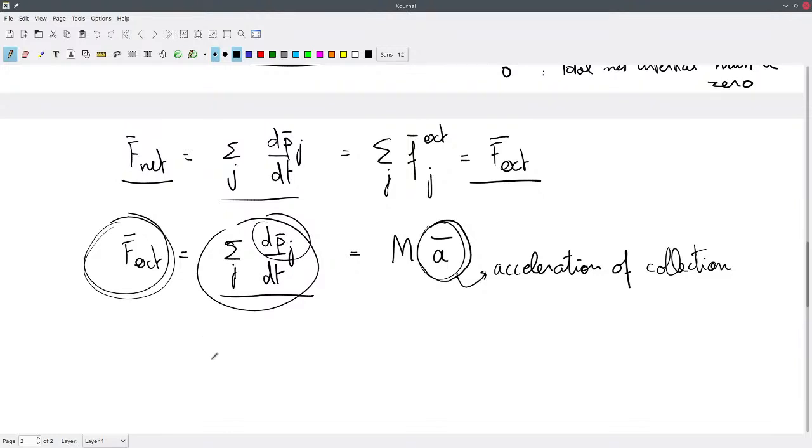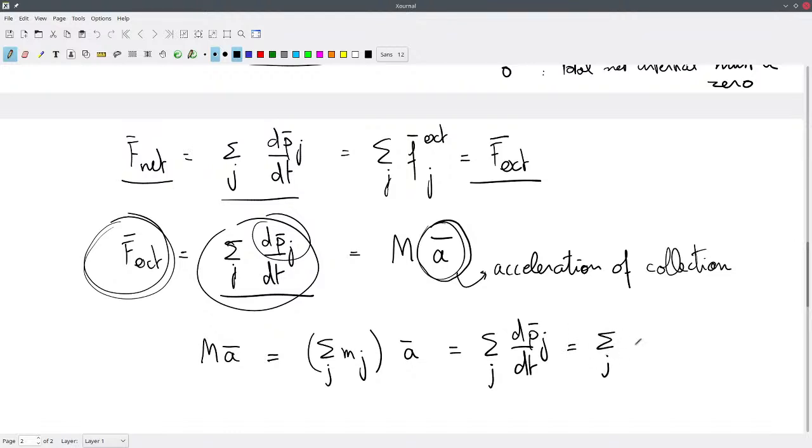So if we write m times acceleration, m is equal to the sum over j of mj, times acceleration, and that's equal to the sum over j of dpj dt, or the sum over j of mass j times dvj dt.